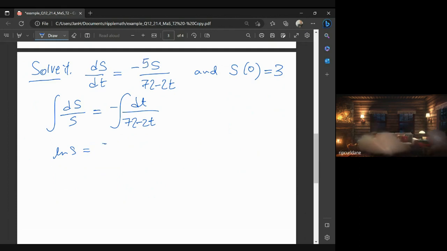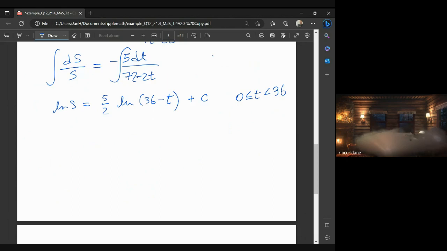We'll put the 5 in. How about that? Okay, 5 on 2 log 36 minus t, because there's that 2 from the 72. You take the 2 out, you get 36 minus t, plus c. Now, obviously, t is between 0 and 36.